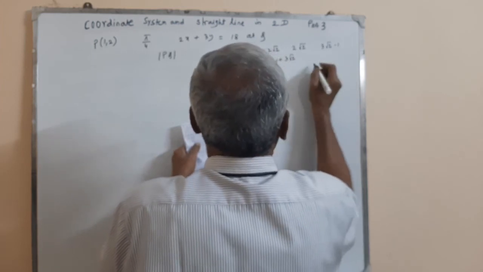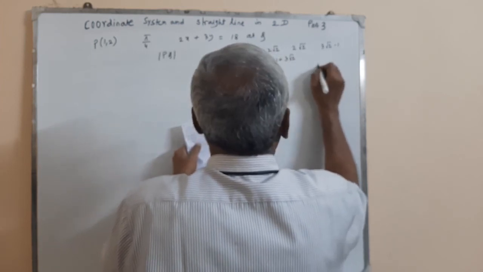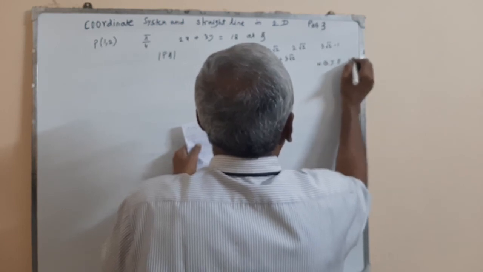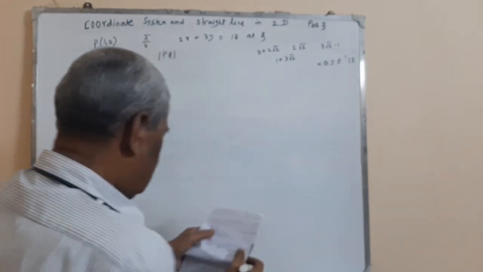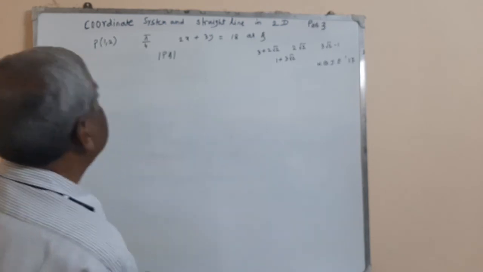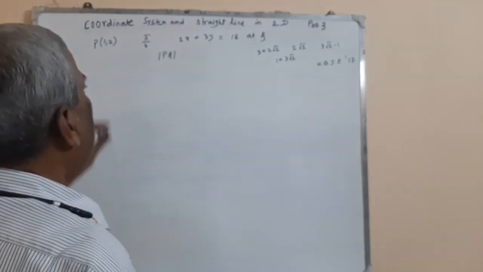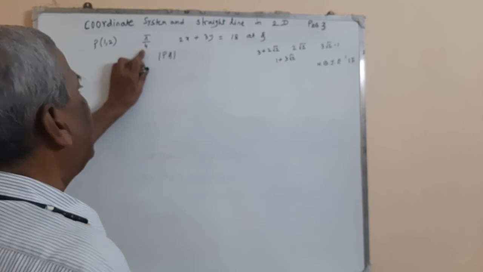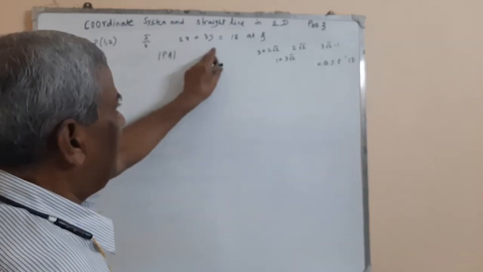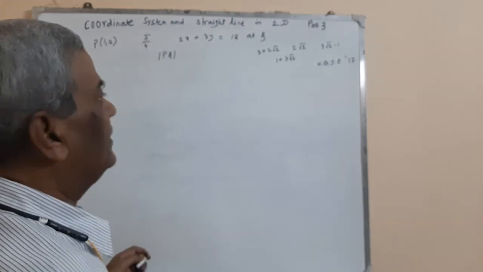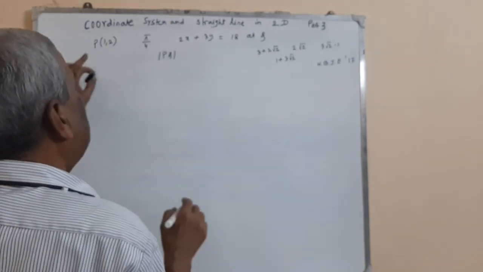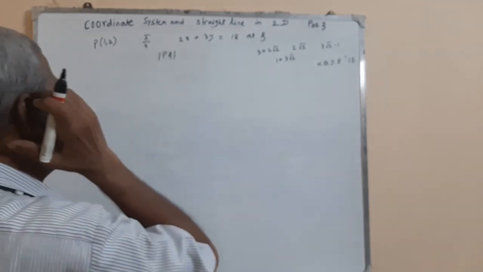That problem is given in 17. Let us see the problem. A straight line passing through this and making an angle pi by 4 with x-axis meets the straight line 2x plus 3y is equal to 18 at Q. Then PQ, that distance, is how much?